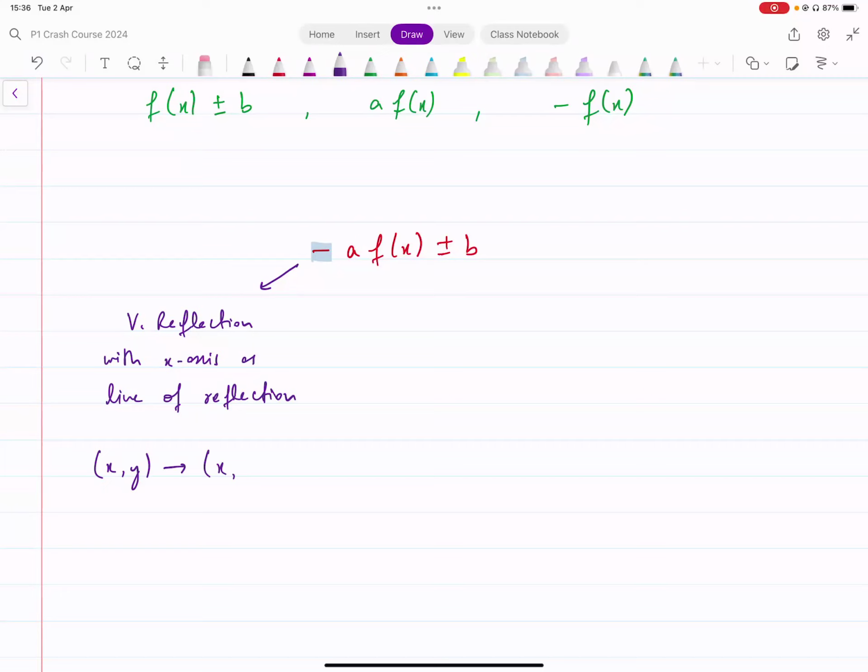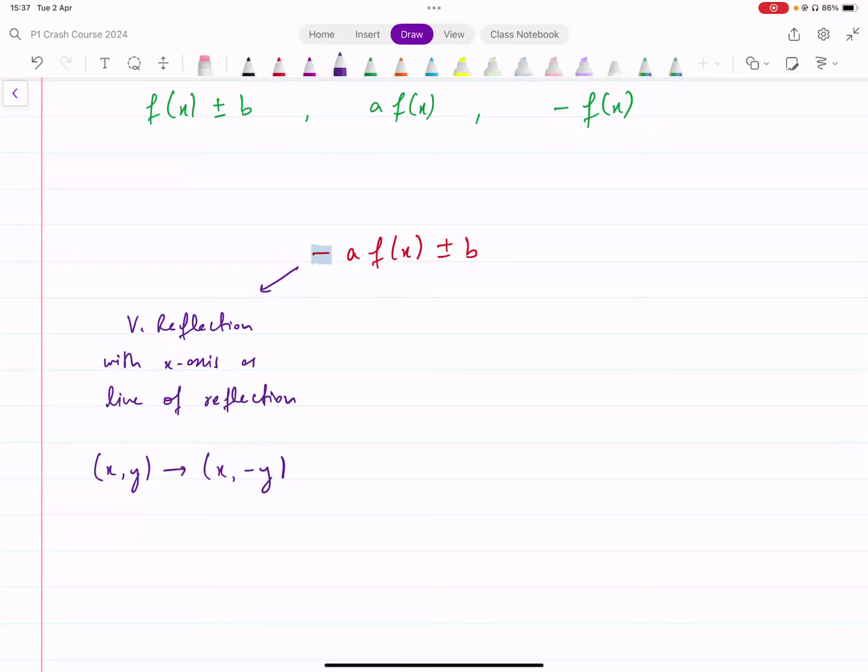Whatever the y coordinate was earlier, now it's going to become negative of that. So if it was a positive number, it would become negative. If it was a negative number, it would become positive. So x, y becomes x, minus y. Make sense?